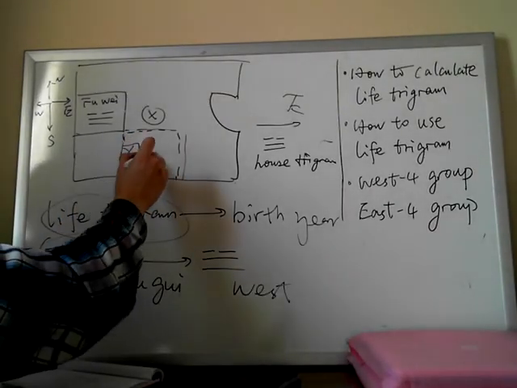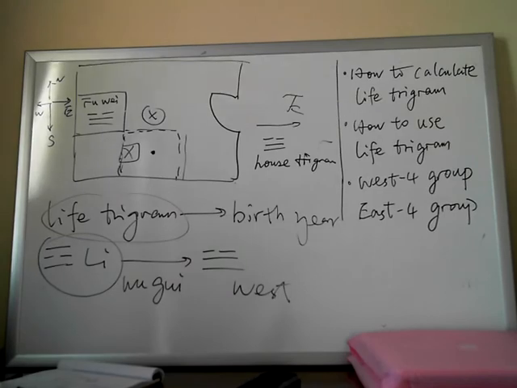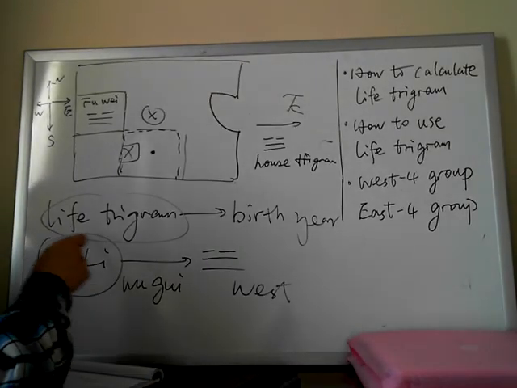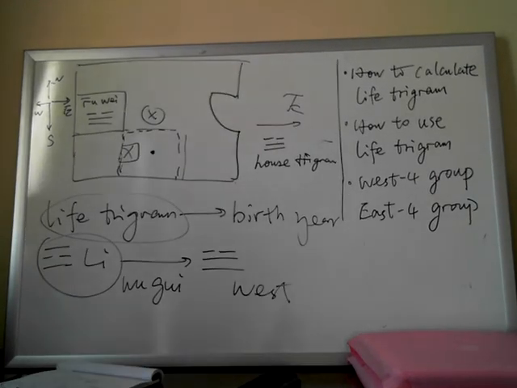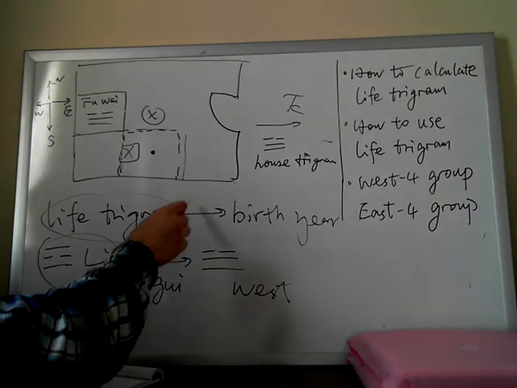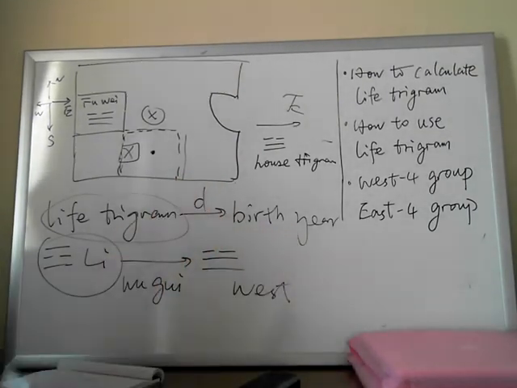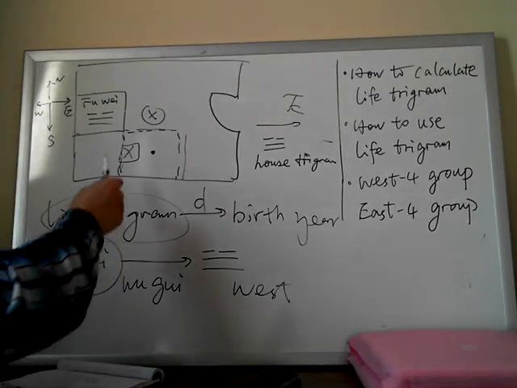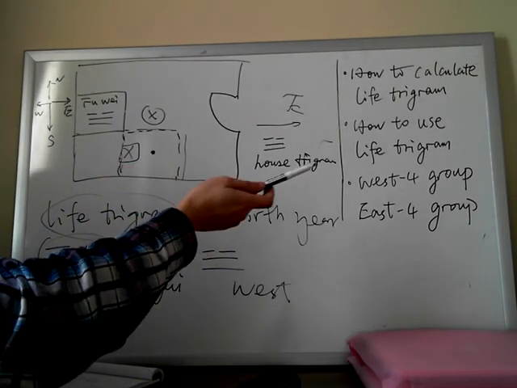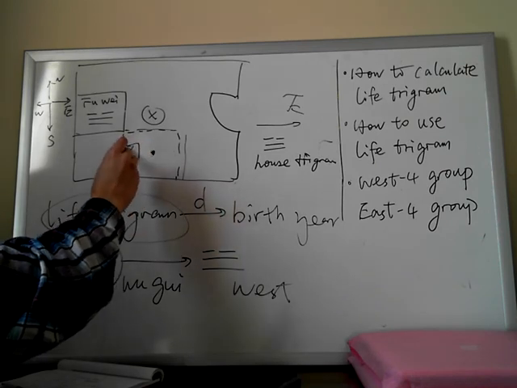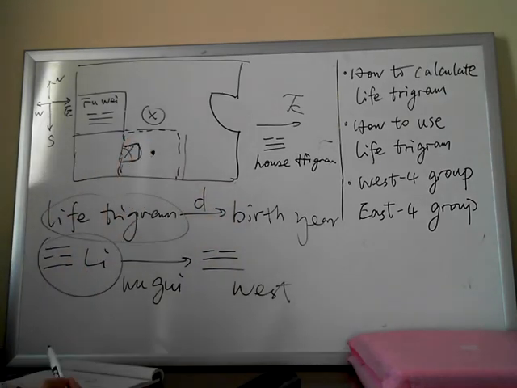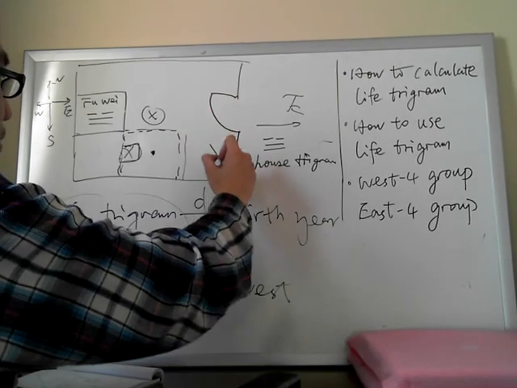Well, it is the west of this point. The calculation of life trigram doesn't specify any reference point, and the life trigram only depends on the birth year. I can use any reference point. I can say the person cannot stay here, or I can even say the person cannot stay here.